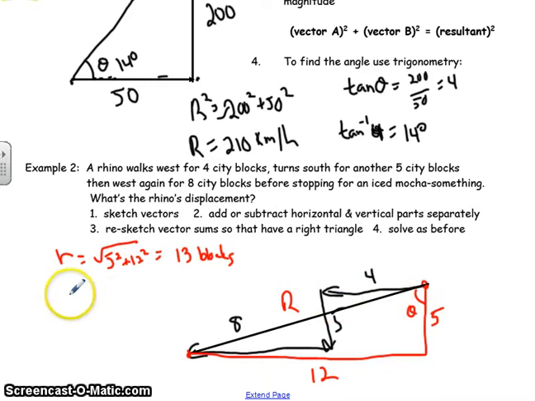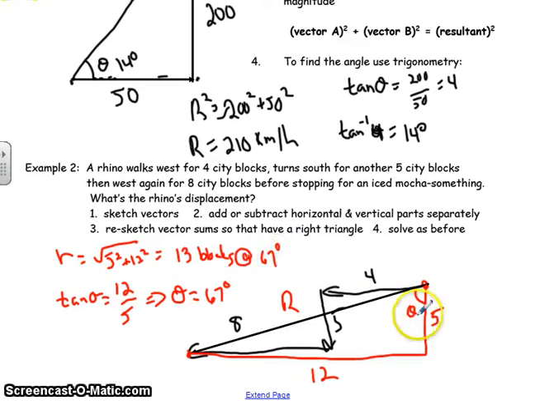Now we just have to find that angle, so I'd say the tan of theta equals opposite over adjacent, 12 over 5. And if I solve for theta, again, make sure you're in degree mode, we'll get 67 degrees. All right, which kind of makes sense. This looks like a fairly large angle. So I say 13 blocks at 67 degrees. And again, we're west of south.